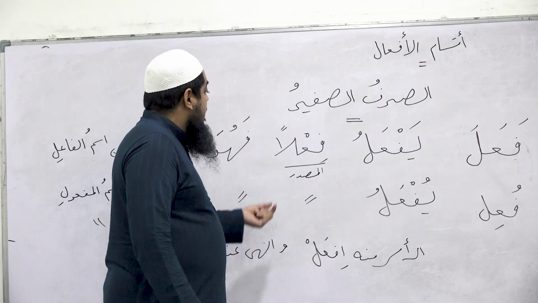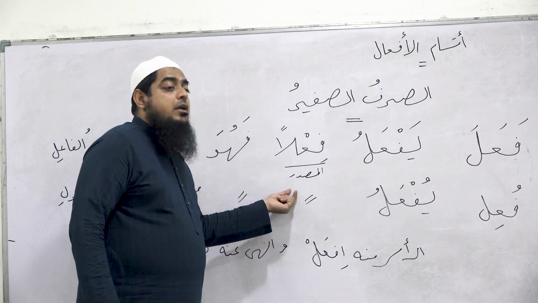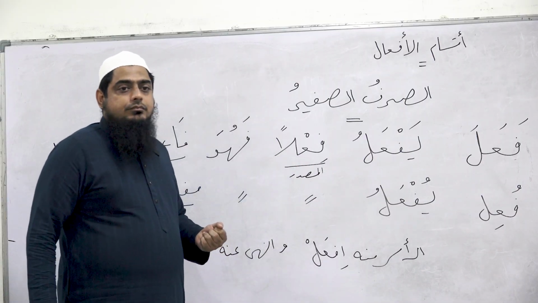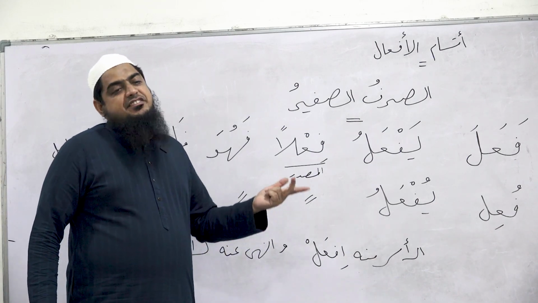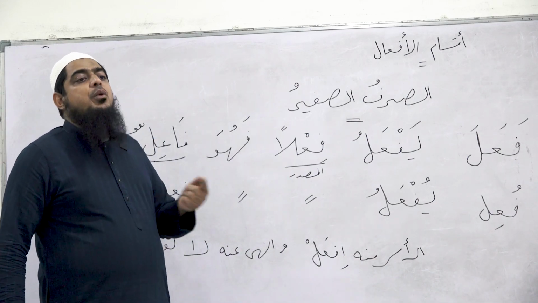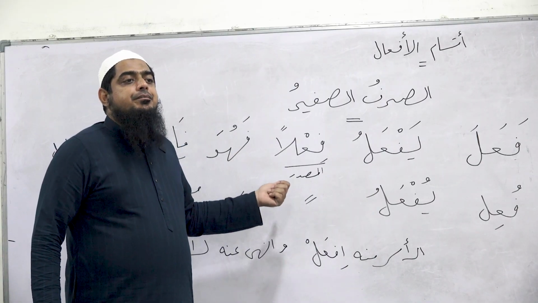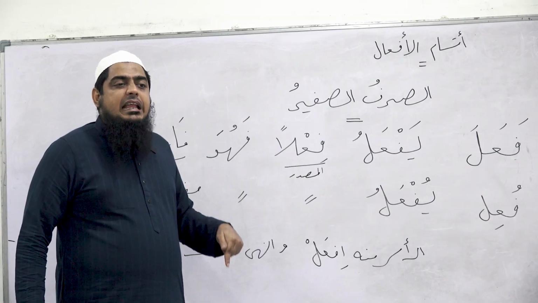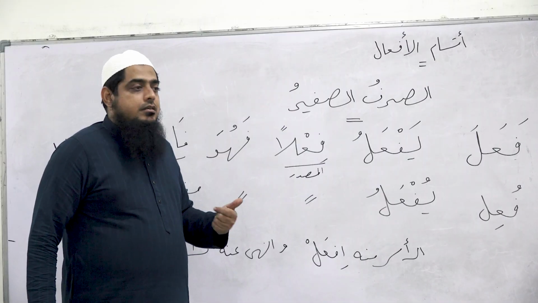Okay, got it? Now, question number 2 comes. How can I identify masdar, sir? Here, what is the weight of this? Fi'lun. Masdar has varieties of weights. It's not always fi'l. Now we conjugated qatala. We say fa'al. Qatala yaqtulu qatlan. The weight of qatlan is fa'lan.